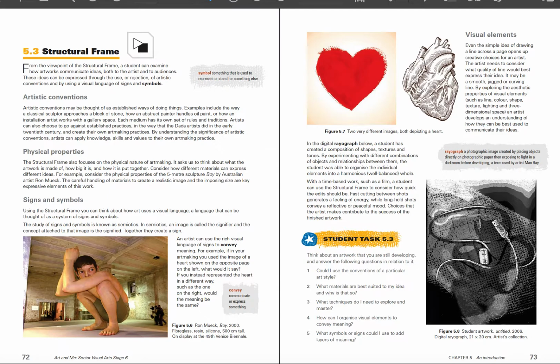What techniques do you think you need to explore and master? If you're drawing, I struggle with depth in my drawing, so that would be something that I need to explore and master, the shading and the depth. Movement is really important. Movement and depth are very important when we are looking at painting and drawing.